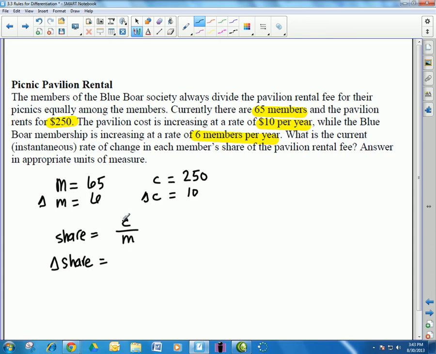So you notice you have one function divided by another, so you do low d high. Remember, delta and d are the same, so I'm still using triangle, which is delta. So low d high minus high d low all over low low.